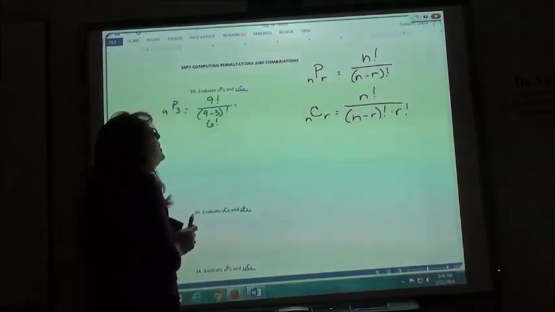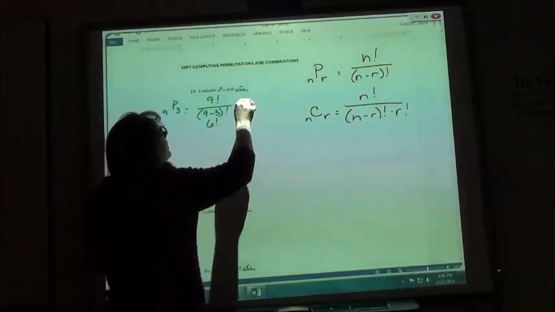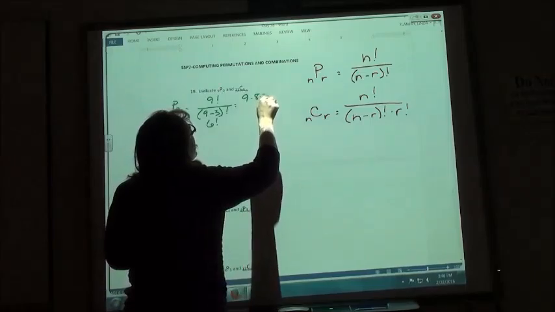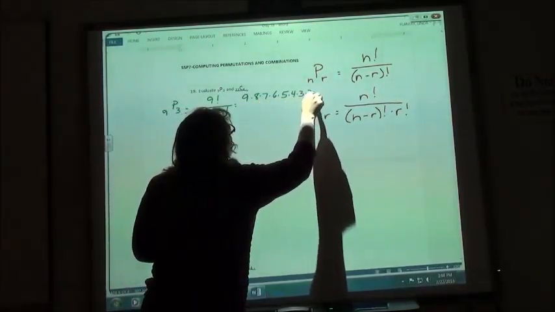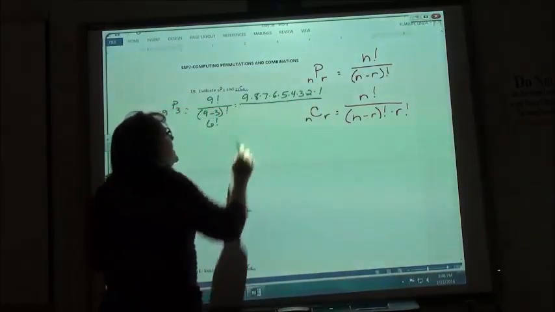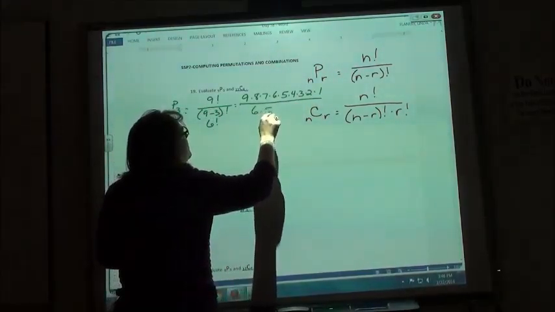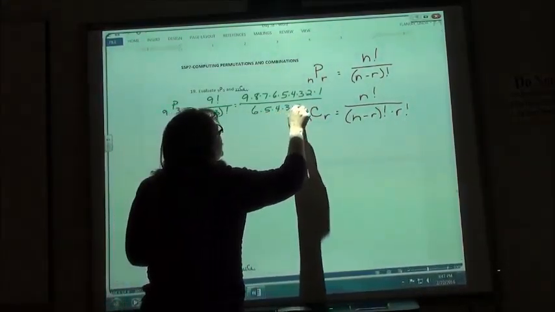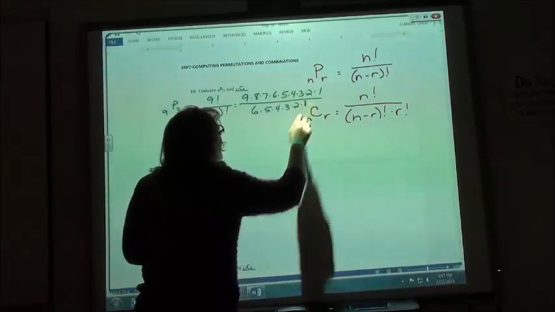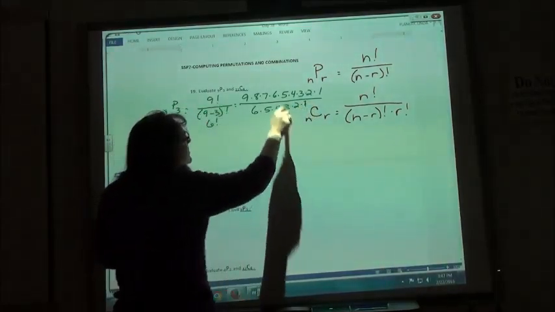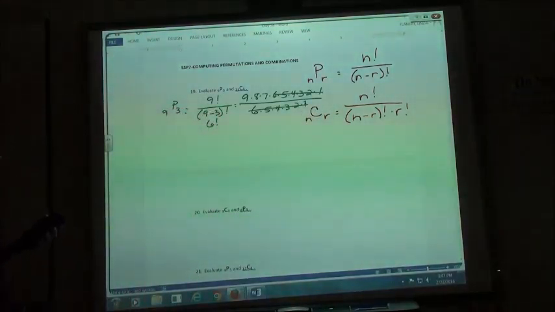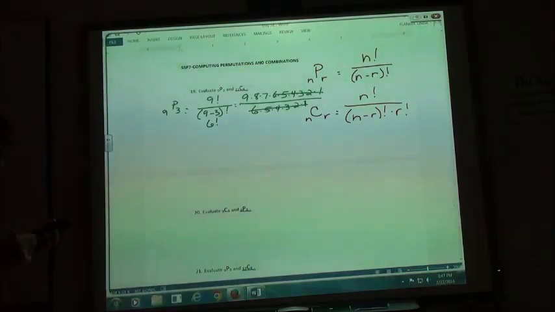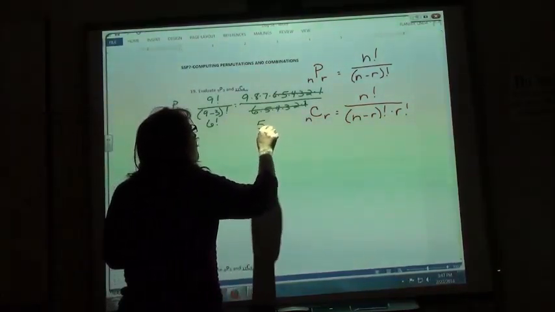So if I think about this the long way, 9 factorial is 9 times 8 times 7 times 6 times 5 times 4 times 3 times 2 times 1. 6 factorial, 6 times 5 times 4 times 3 times 2 times 1. Notice, everything below 6 factorial is just going to cancel out. So I'm going to take 9 times 8 times 7. 9 times 8 times 7 is 504.